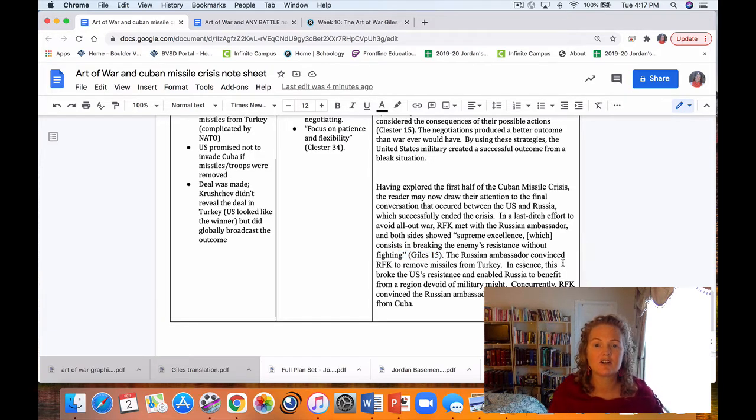The Russian ambassador convinced RFK to remove missiles from Turkey. In essence, this broke the US's resistance and enabled Russia to benefit from a region devoid of military might. Concurrently, which means at the same time, RFK convinced the Russian ambassador to remove his missiles from Cuba. And so if you were going to finish this paragraph, what you would say is that on both sides, they broke the enemy's resistance without fighting.